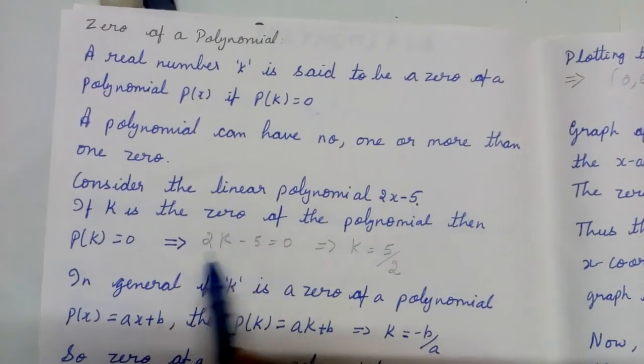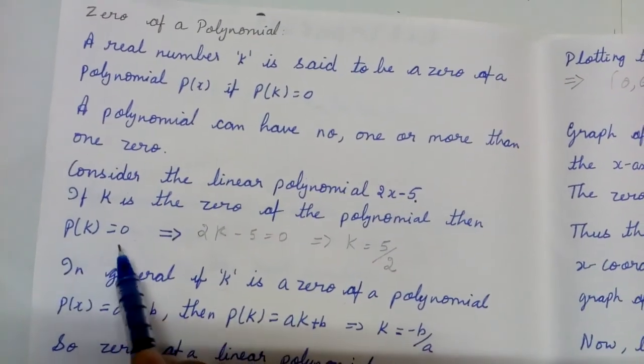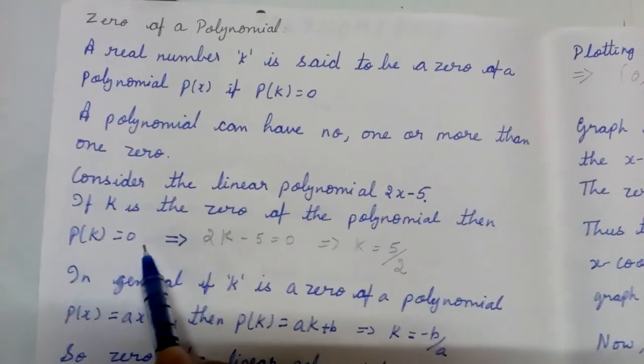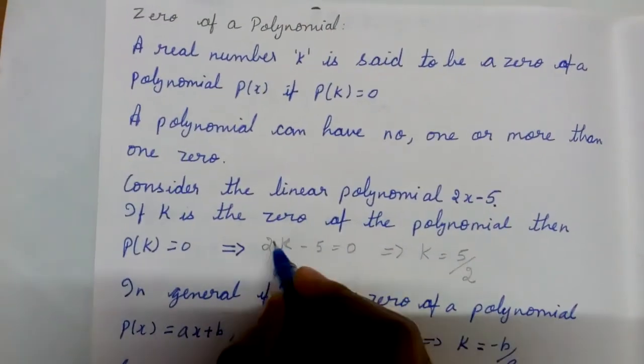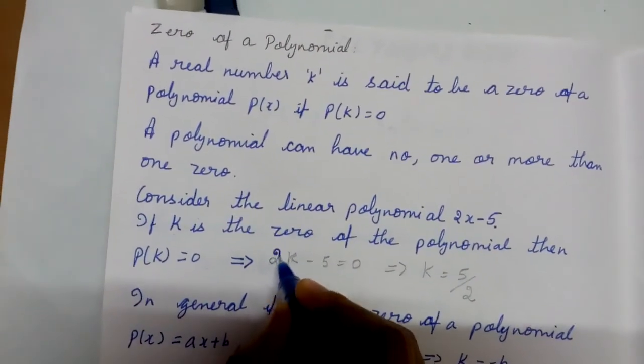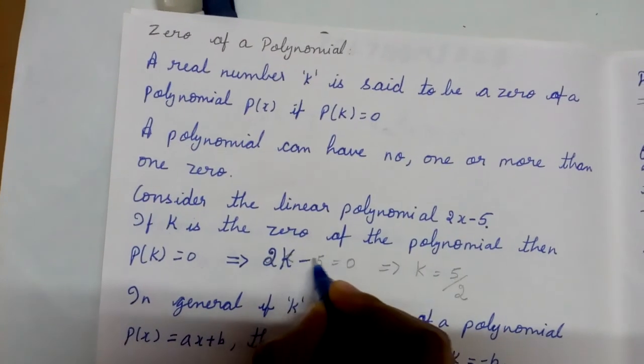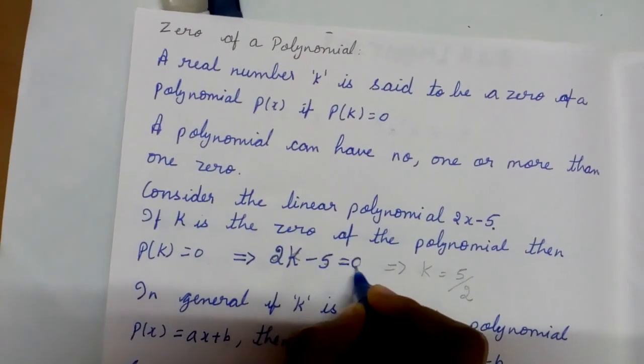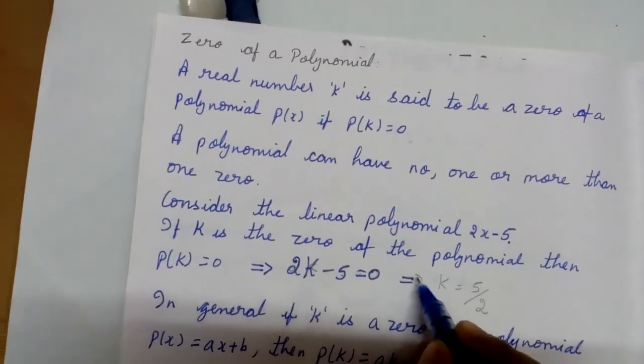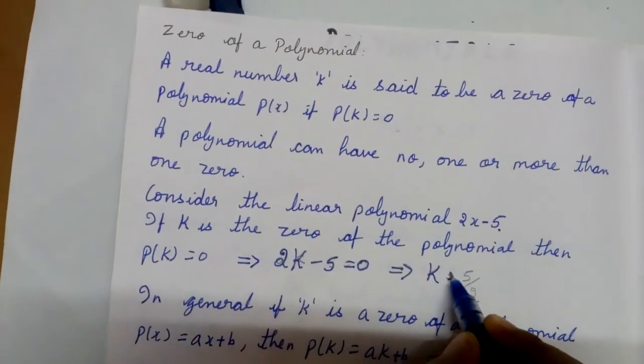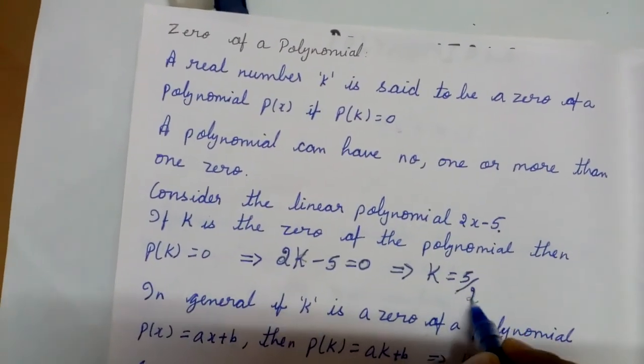Now suppose k is the zero of this polynomial, then p of k is equal to 0. Now, when you replace x by k, you get 2k minus 5 is equal to 0, which implies that k is equal to 5 by 2.